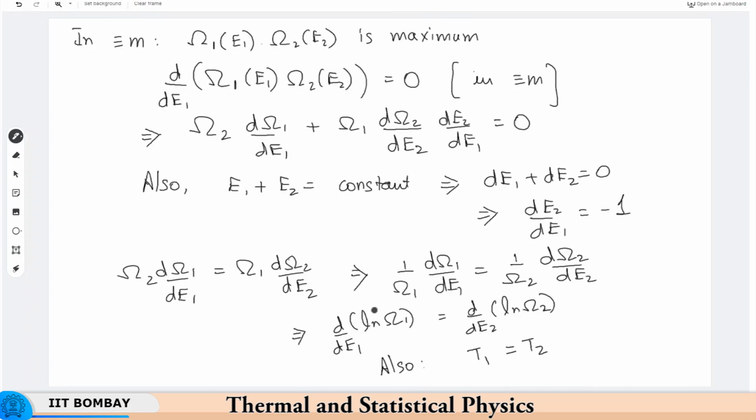Therefore, this quantity, which looks like the derivative of the log of the number of microstates with respect to energy, has to be related to temperature, right. So, let us say d by dE of log of omega is proportional to 1 divided by T, okay, and this is purely by definition, right.